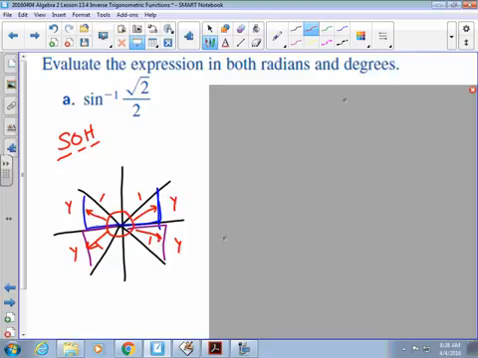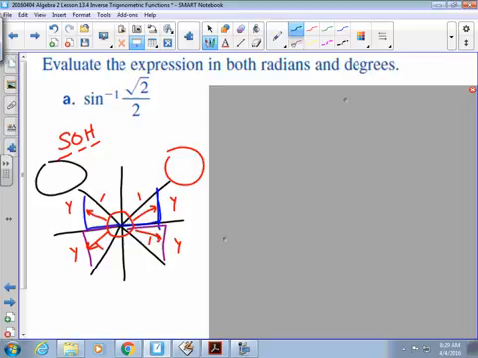So you have to pick out which one's the positive version of the square root of 2 over 2 on your y value. As you look at the first one, this one here, both of them are positive, square root of 2 over 2, both the x and the y. As you look at this one here, the x is negative, but the y is positive, square root of 2 over 2.